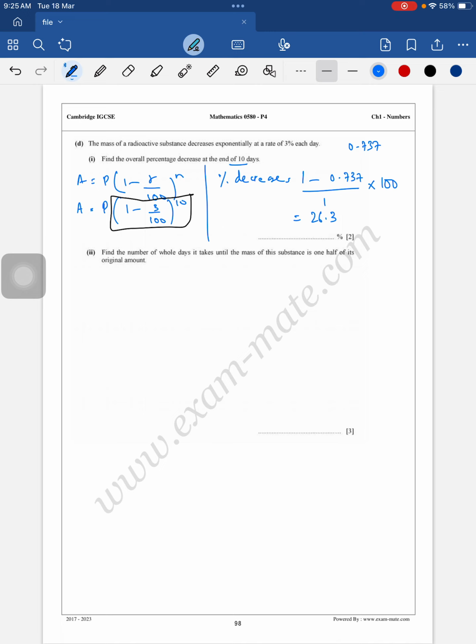Like percentage, we take out percentage decrease. The formula is initial value minus final value upon initial value, right?